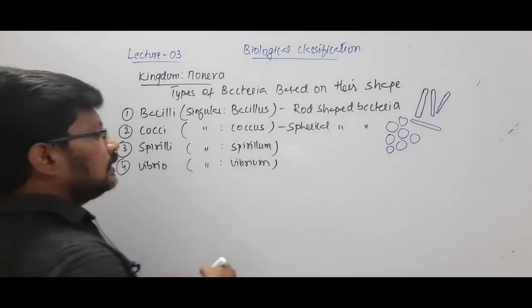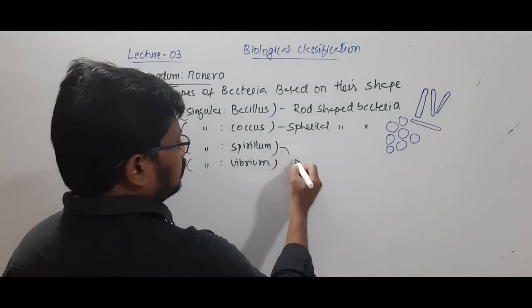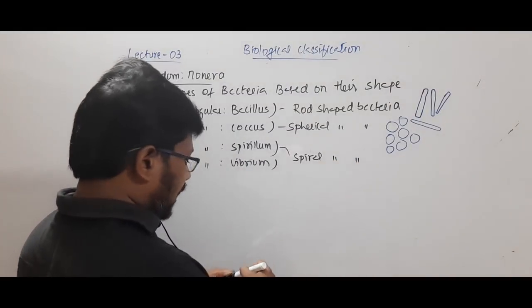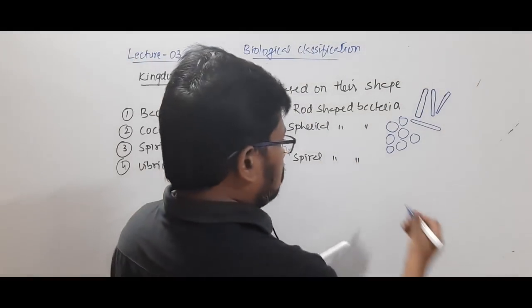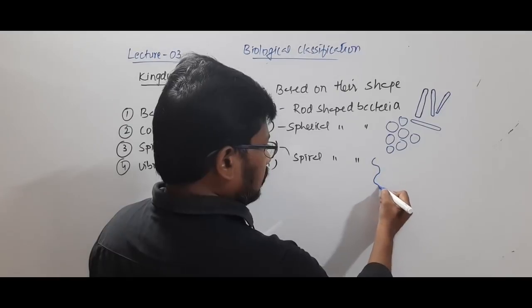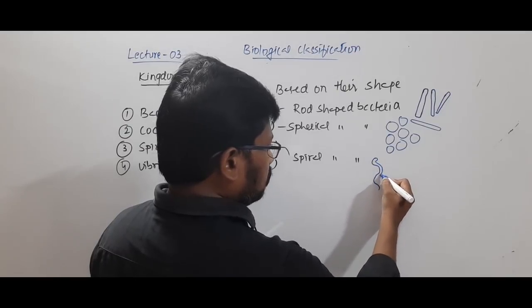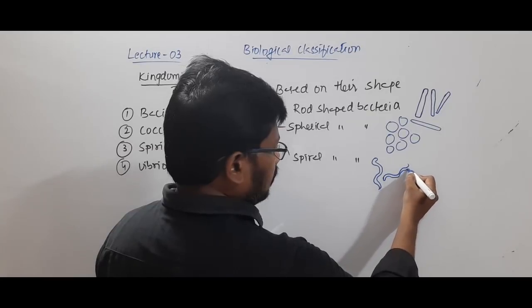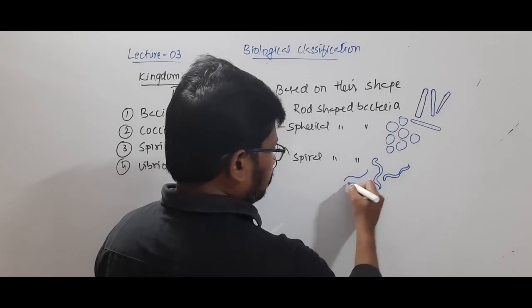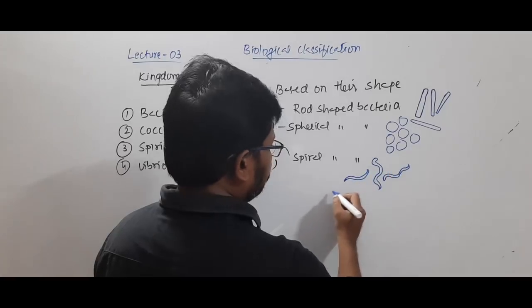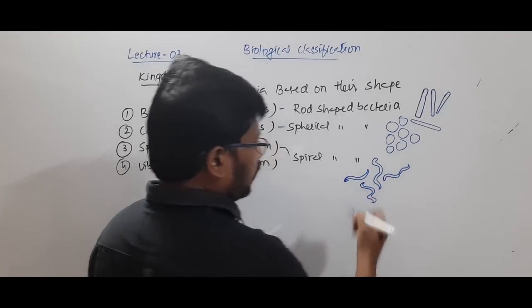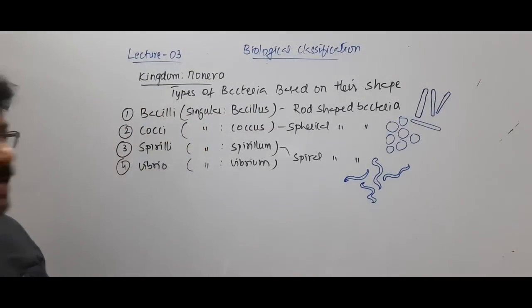And then spirilli. These are spiral shaped bacteria. You can see this is how the spiral shaped bacteria appear.